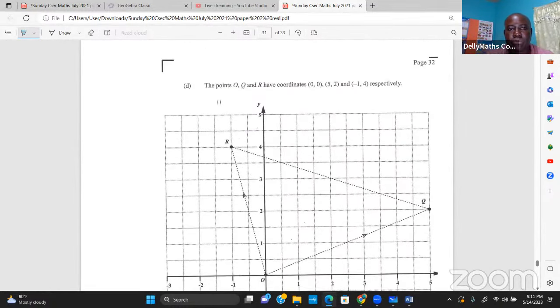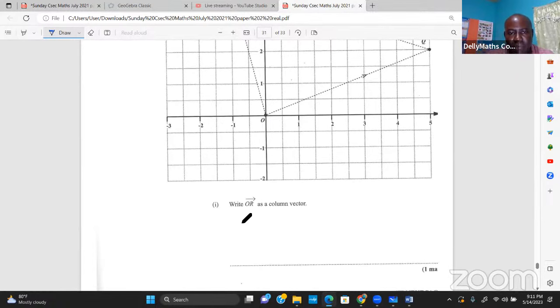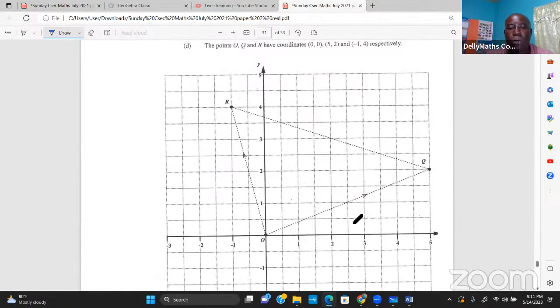All right. So the question says the points O, Q, R have coordinates 0, 0, 5, 2 and -4, 5. -1, 4. All right, there. Question. Write OR as a column vector. OR, look, how do you get there?